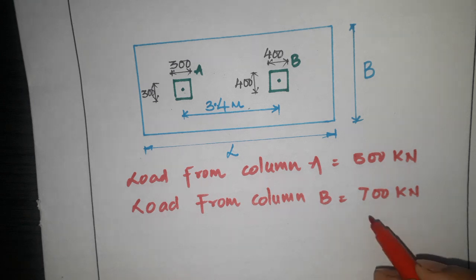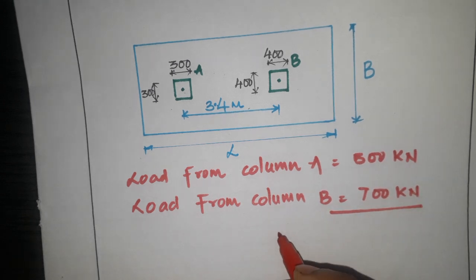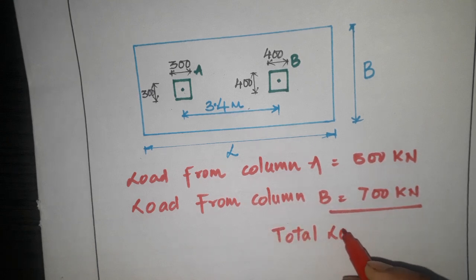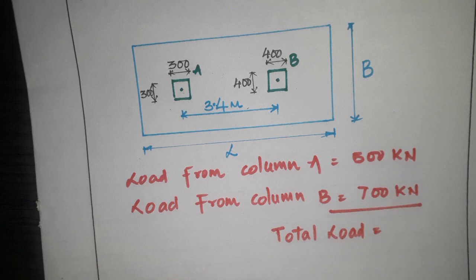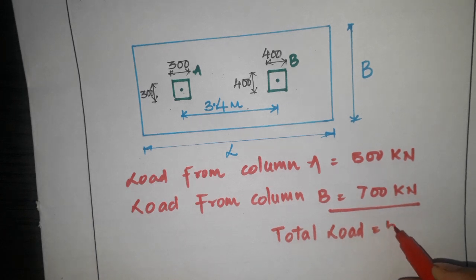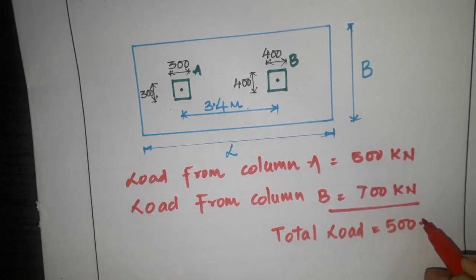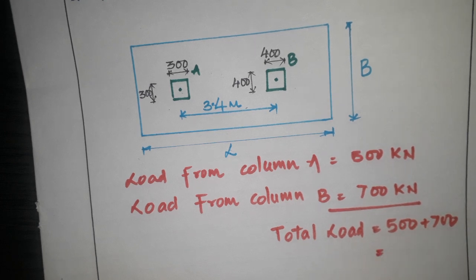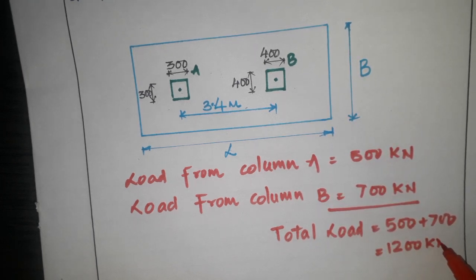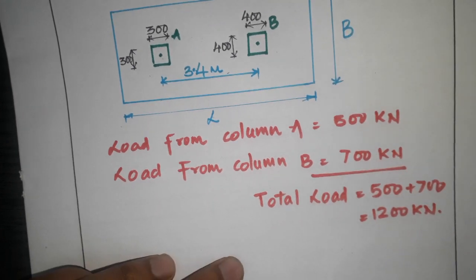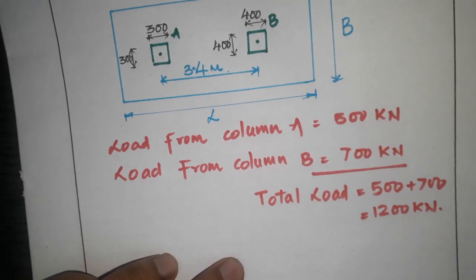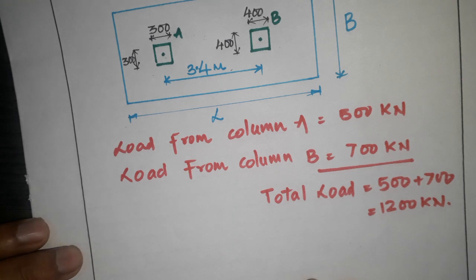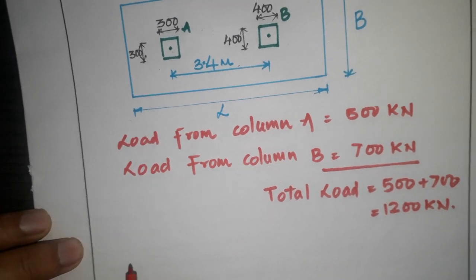Therefore the total load is 500 kilonewton plus 700, so it will be 1200 kilonewton. The total load is 1200 kilonewton. Then we have to add 10% extra.